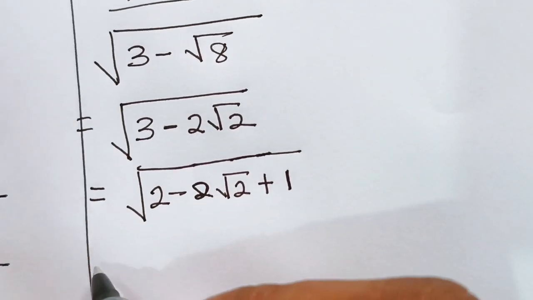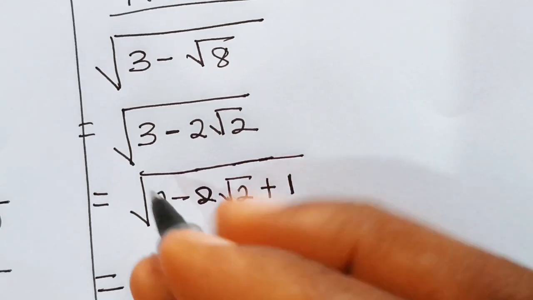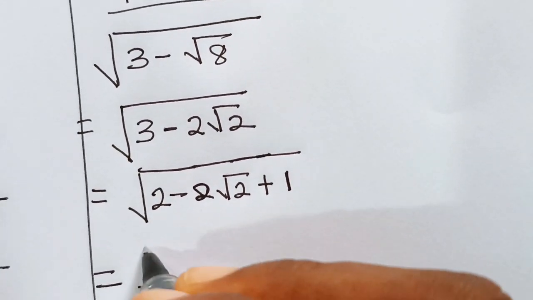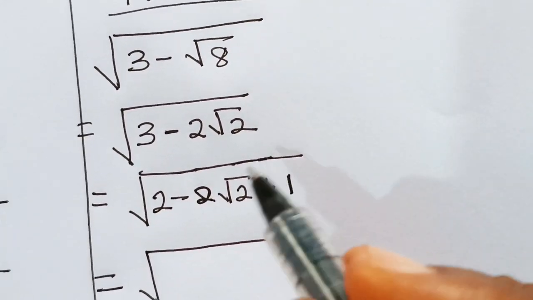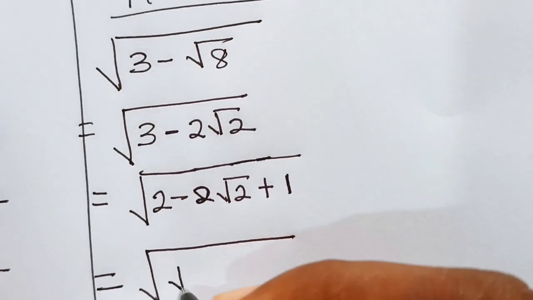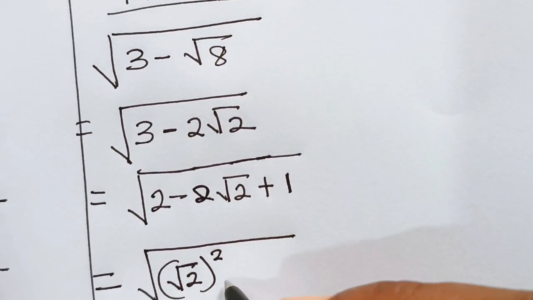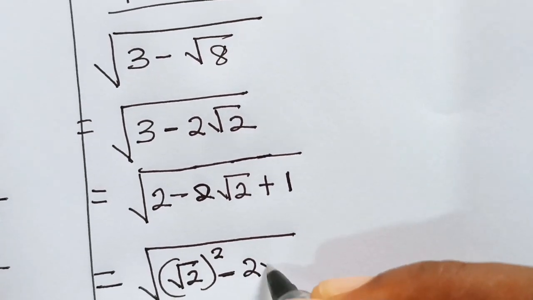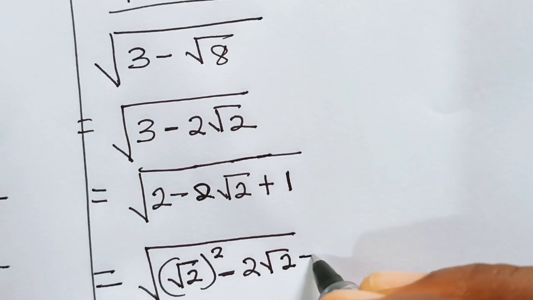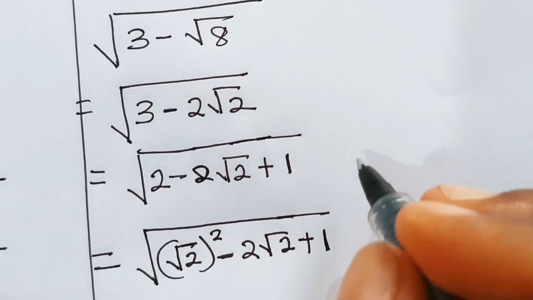All right, now this is equal to the square root of, 2 can be written as the square root of 2 squared, minus 2 root 2, plus 1.